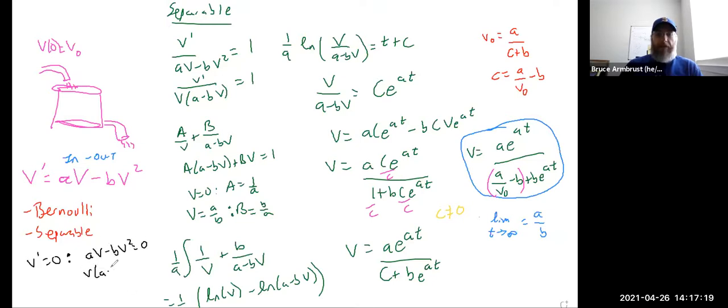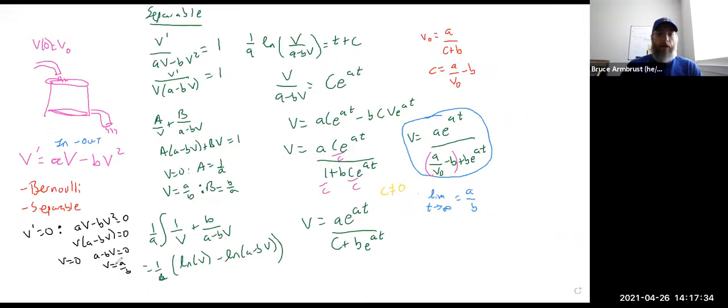Well, if I factor out the v, I get this, and we get either v equals 0 or a minus b v equals 0, which is v equals a over b. And so these are your equilibrium states. If there's no water in the tank, it will stay no water in the tank.